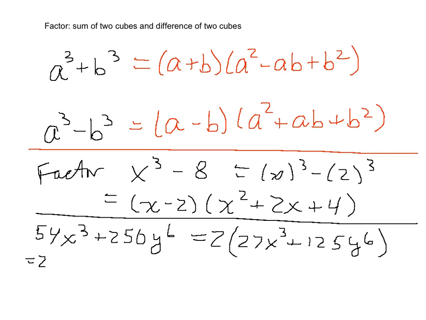And that's going to be 2 times, okay, the first thing is 3x cubed plus 5y squared cubed. See that? Y squared cubed, you multiply and you get y to the sixth.